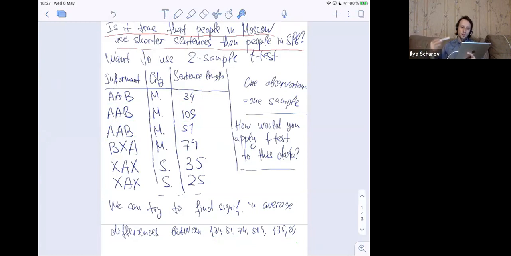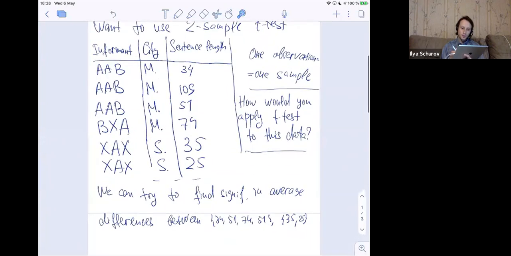So the reproduction of my experiment is just to use the same informants, but generate new texts. Why do I say this?